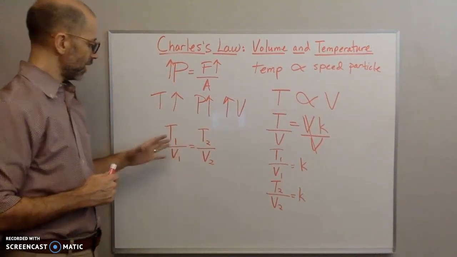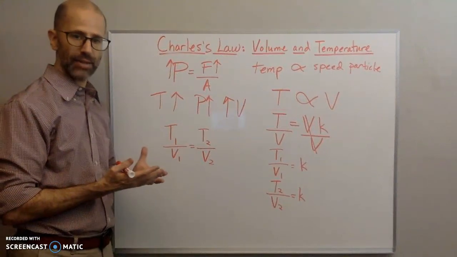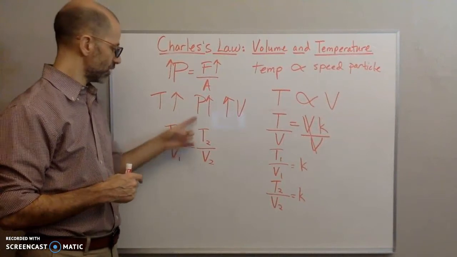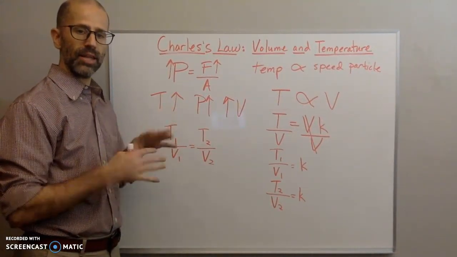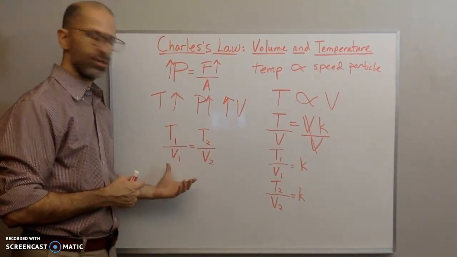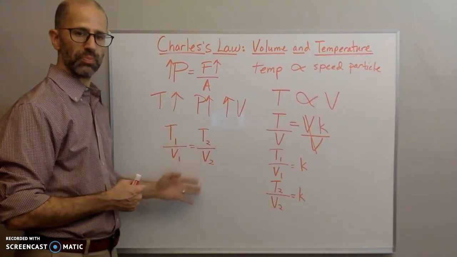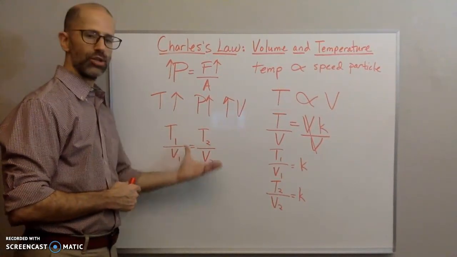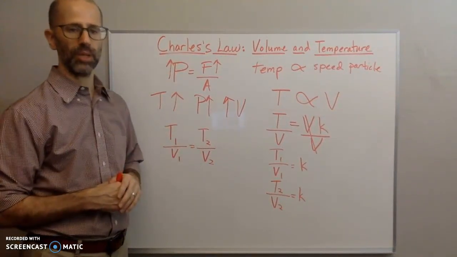This holds if everything else is kept the same: the amount of gas is not changed, and the pressure stays the same. Notice that there's no pressure here. So pressure has to stay the same, and the amount of gas has to stay the same, in order for this to hold. The only things that change are temperature and volume. And that's Charles's law. I hope you can see where Charles's law comes from based upon our understanding of what's going on at the molecular level.